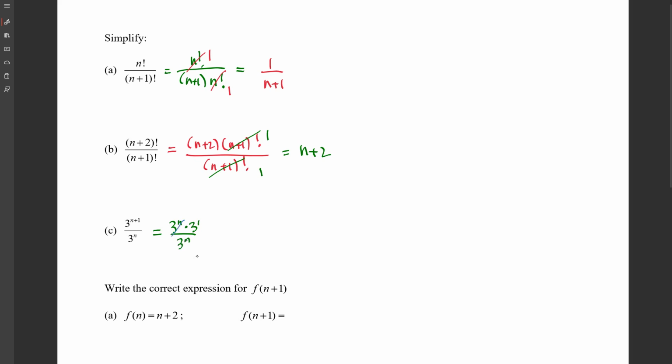So if I simplify, it's really 3. Another way to say that is, if you're dividing expressions with the same base but different exponents, you subtract the exponents. So 3 to the n plus 1 minus this bottom exponent, which is n, and so I get 3 to the 1, which is 3.